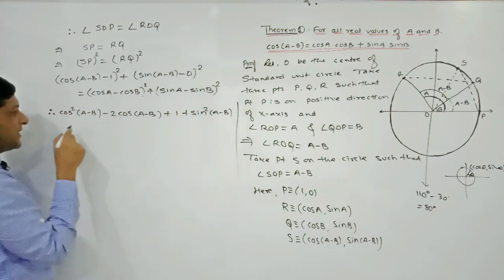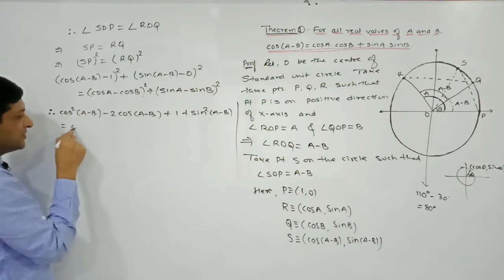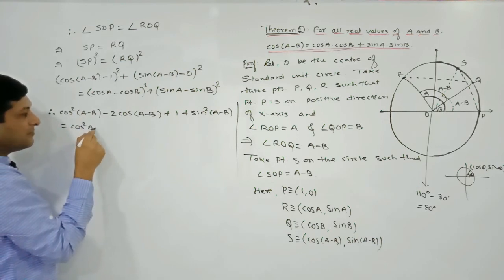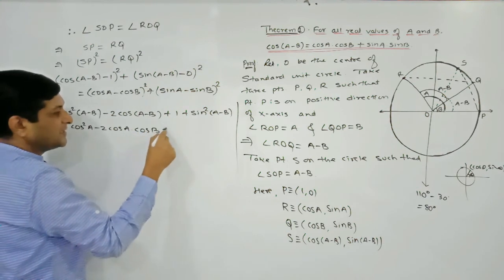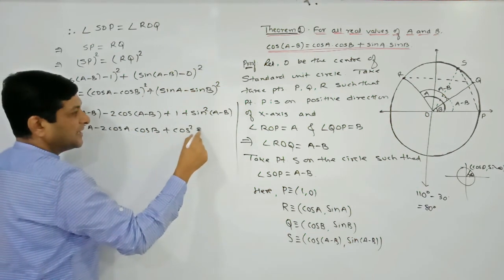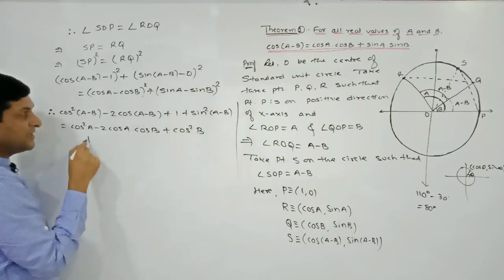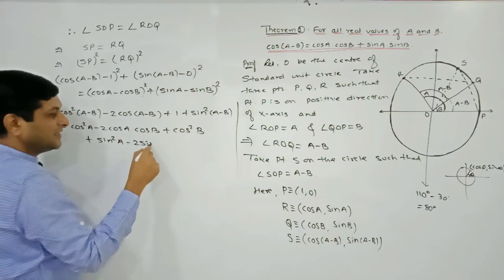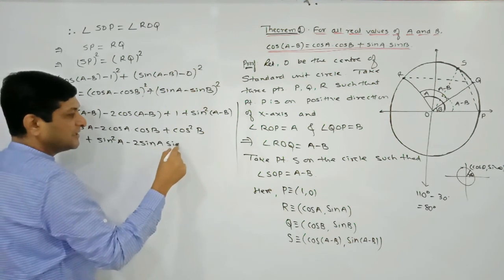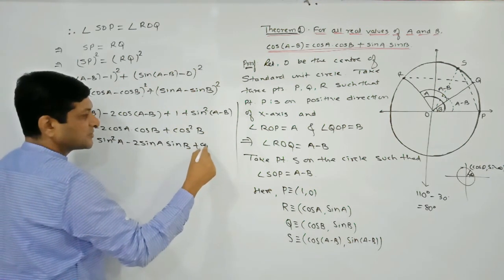Now find the expansion of this bracket. The expansion of this bracket is cos square a minus 2 cos a into cos b plus cos square b, and the expansion of this bracket will be sin square a minus 2 sin a into sin b plus sin square b.